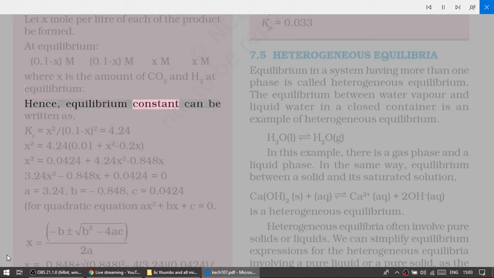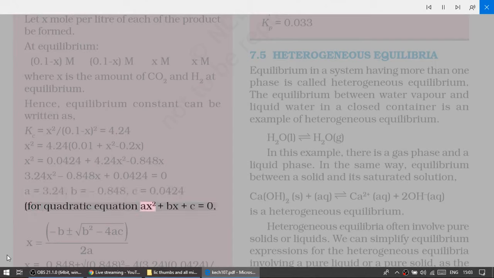Hence, the equilibrium constant can be written as Kc = x² / (0.1 − x)² = 4.24. So x² = 4.24(0.01 + x² − 0.2x), x² = 0.0424 + 4.24x² − 0.848x, 3.24x² − 0.848x + 0.0424 = 0. Here a = 3.24, b = −0.848, c = 0.0424.